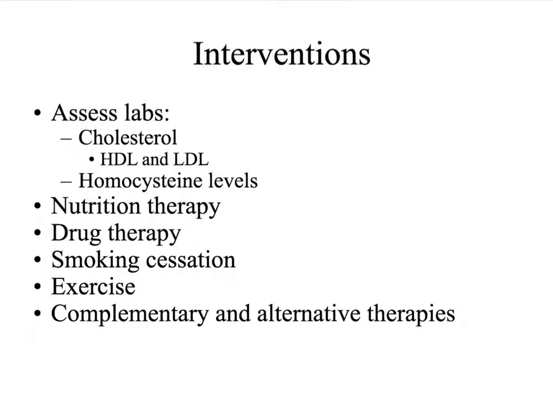So there are thought to be lots of ways that we can help non-pharmacologically treat a patient with primary hypertension. If those aren't effective, we will have to move on to giving a patient medications to lower their blood pressure. And we'll talk about that in the next few slides.